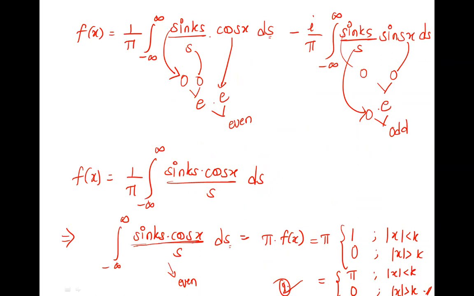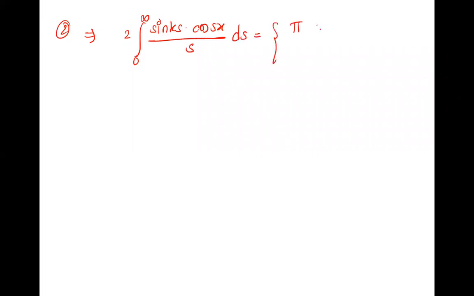Now, as it is an even function, this can also be 2 times integral from 0 to infinity of sine ks cos sx upon s ds is pi when mod x is less than k and 0 when mod x is greater than k.